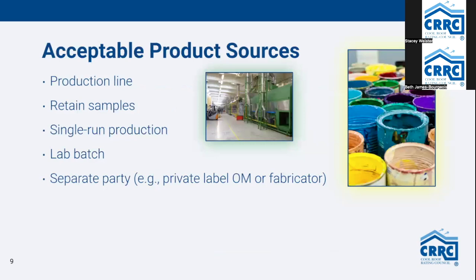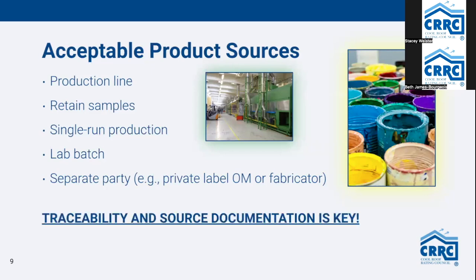Manufacturers can provide product specimens from a variety of sources, including a regular production line batch, retained samples held in reserve, a one-off production batch, lab batch, or by collecting from another party, such as a fabricator or private labeler. The most important point is that the manufacturer needs to provide the CRRC with proper documentation and traceability information about how the product was produced.